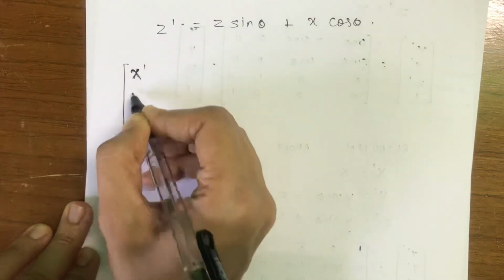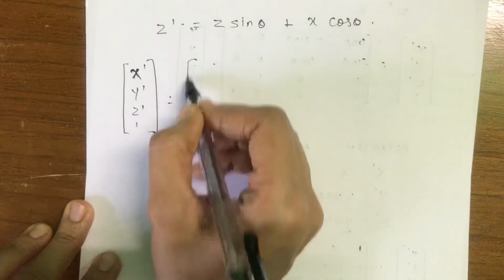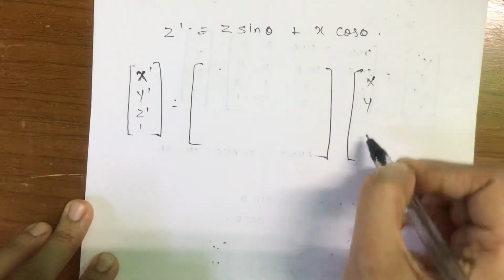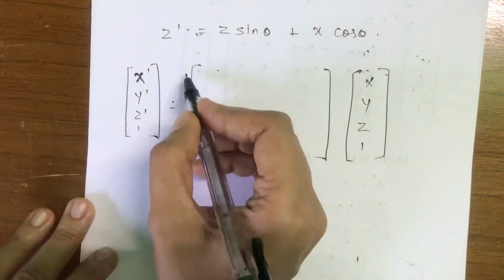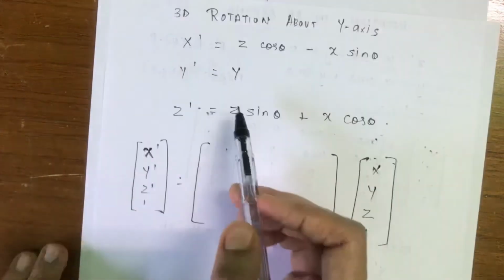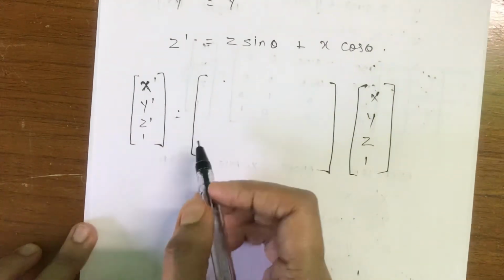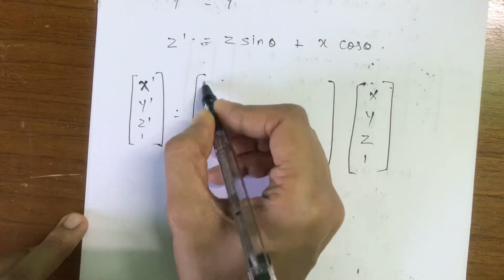The matrix is going to be x dash, y dash, z dash, 1 equals x, y, z, 1. Since this is rotation about y axis, my y will remain as it is and my x position is going to be changing.